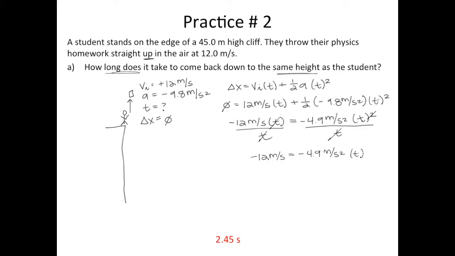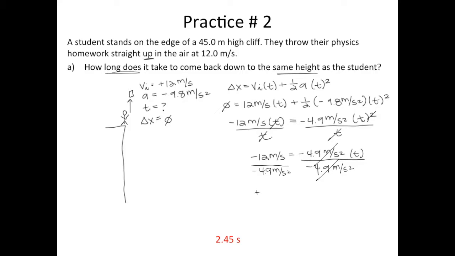Now it's a basic algebraic equation. To solve for t, I divide both sides by negative 4.9 meters per second squared. Both of those units cancel out, and both of these negatives cancel, so it becomes positive.